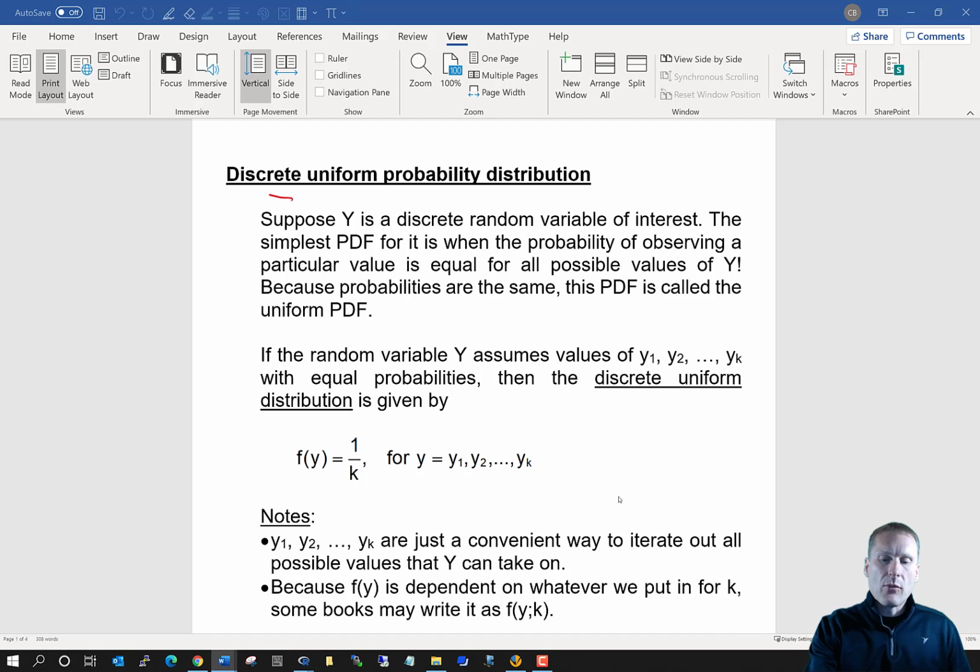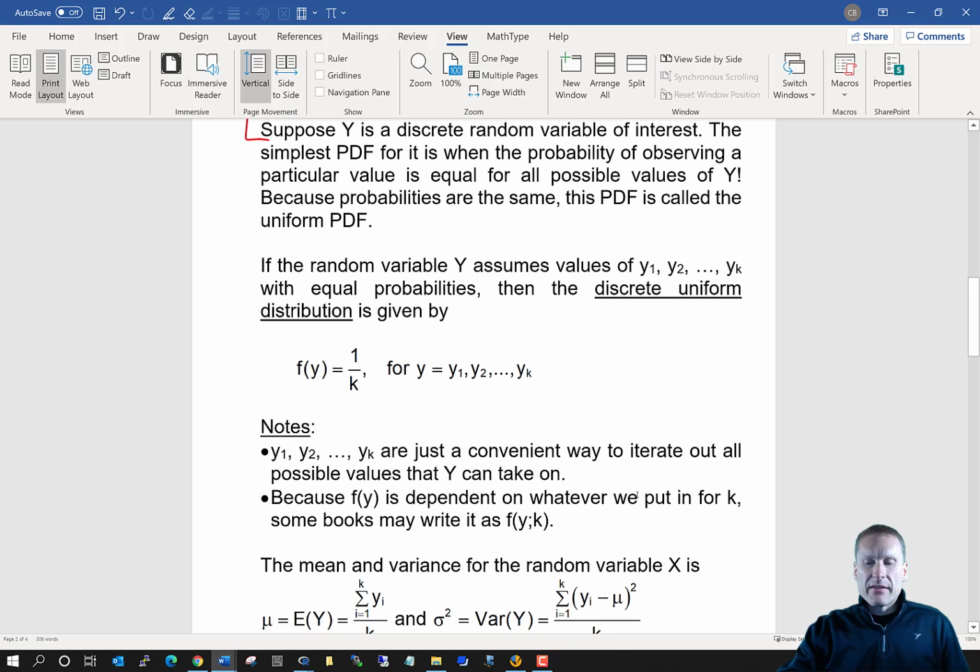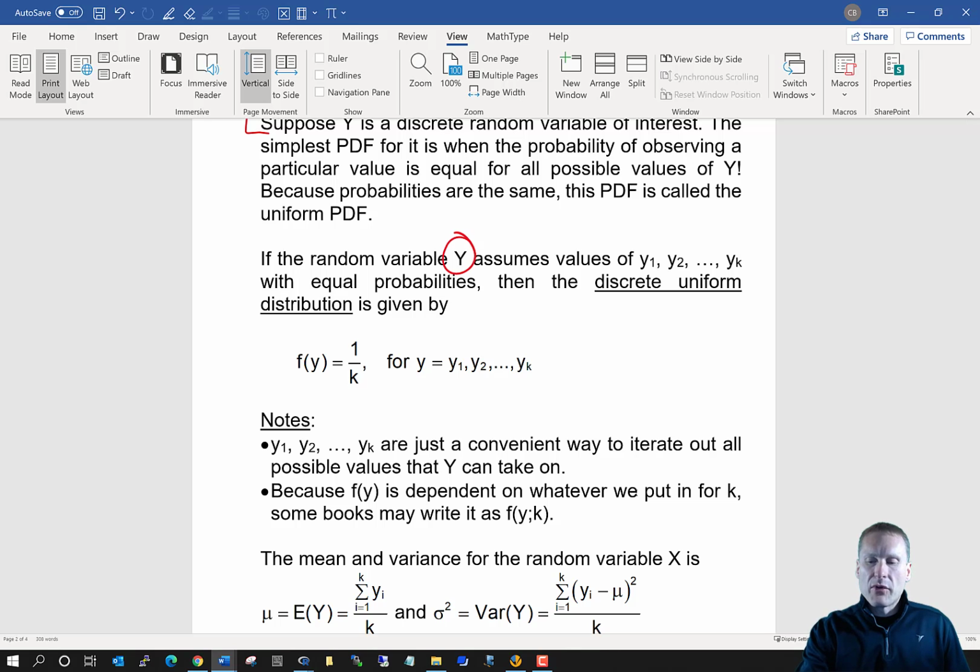So let's define that more formally. Let y be our discrete random variable. Then let's say that y can assume particular values, which we simply call y1, y2 up to yk. So it has k possible different values. And the probability that y is equal to y1, or the probability that y is equal to y2, and so on, is equal to 1 over k.